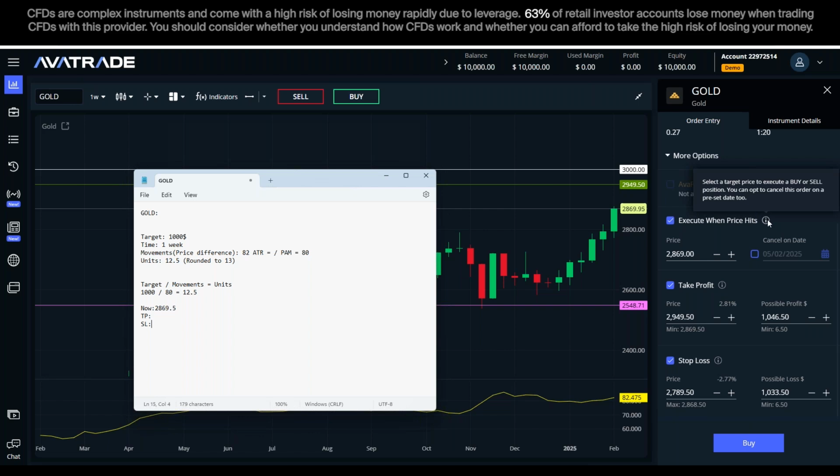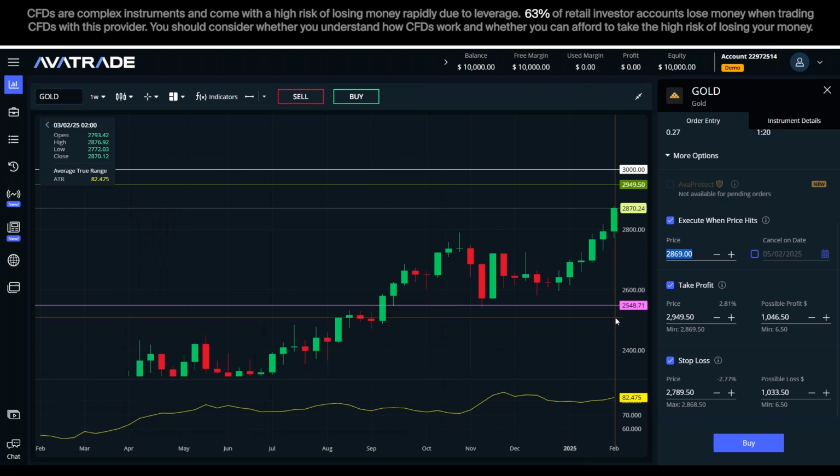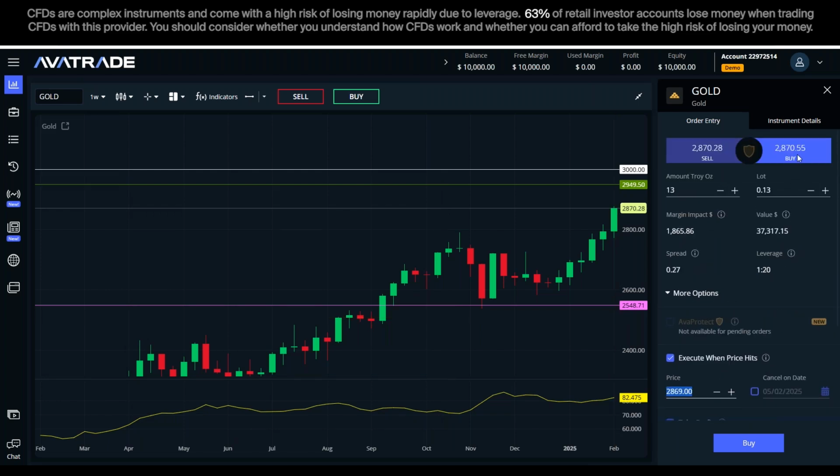What it does is it executes when the price hits. If the price gets to that level, it's going to launch the position. It's going to execute the position depending on if you're with a buy or with a sell. It lets you trigger the entry.